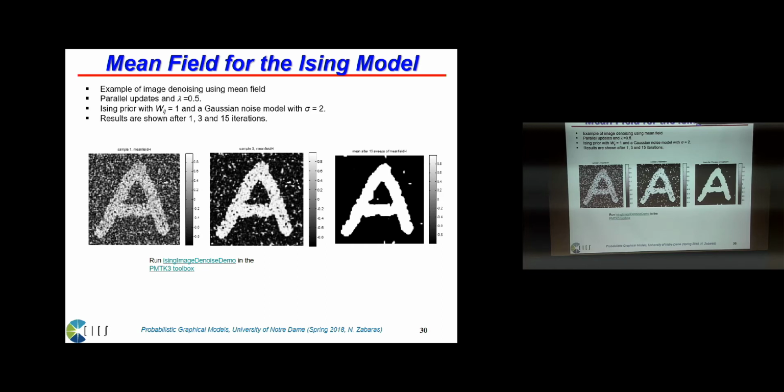Obviously you need to use some parameters. For example, this parameter lambda in this relaxation method is half, but you can see immediately the methodology is able to recognize what the actual image is. And so this is the mean of the Bayesian posterior, after 15 sweeps through all the pixels in the image.